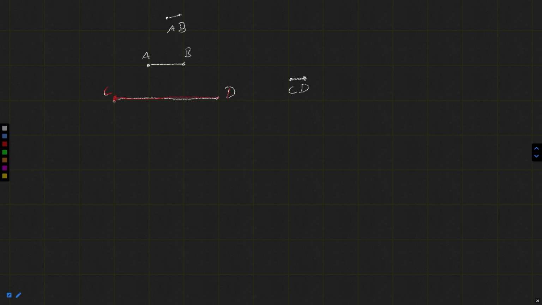CD is red. Now if I try to cover AB using CD, it will cover like this. Yes, it will cover AB like this. Then we can easily see that CD covers the AB line segment completely.